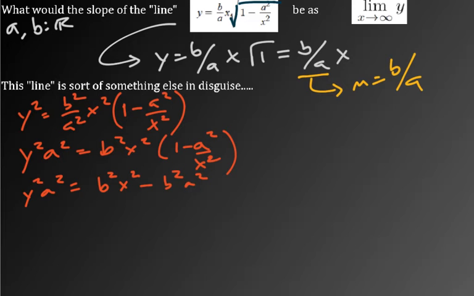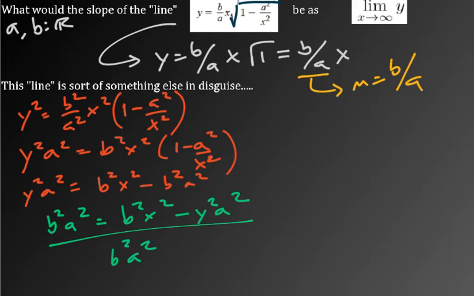And so now if we just go ahead and group the x and y terms on the same side, it'll start to look a little more like a hyperbola. So I'm going to move the b squared a squared thing, then minus 1 to the left, and then minus the y squared a squared term over here. And then I'm just going to divide by b squared a squared, right?